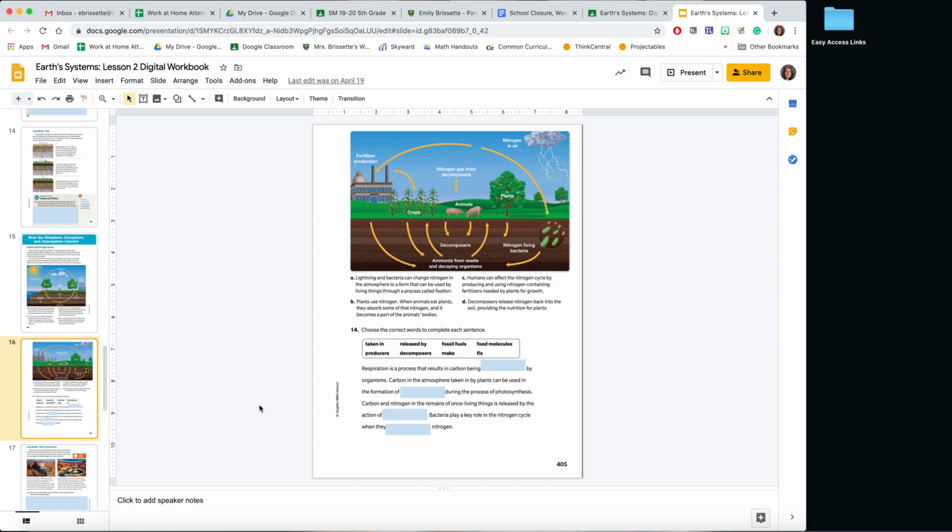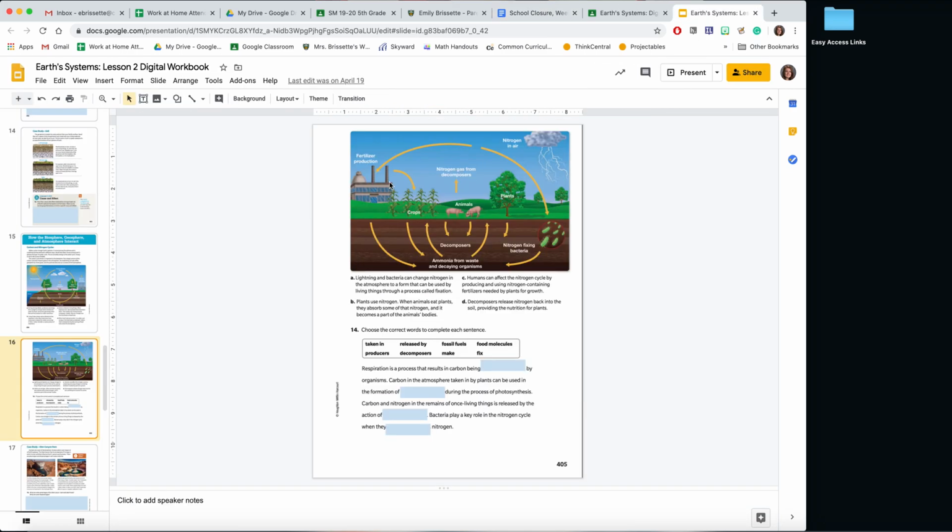And then for question 14, you'll be using these 8 terms to type into or write into your textbook to fill this out, and this is about the carbon and nitrogen cycles. So see if you can try your best to look back on page 15 and 16 to fill out this question.